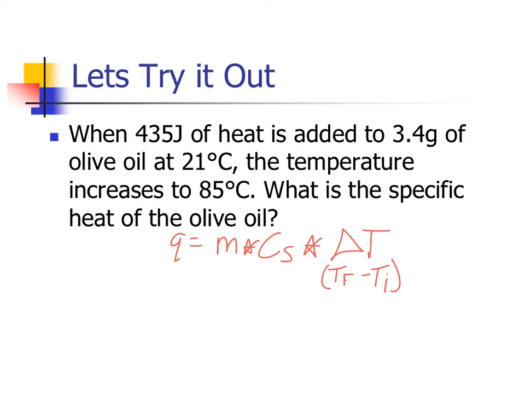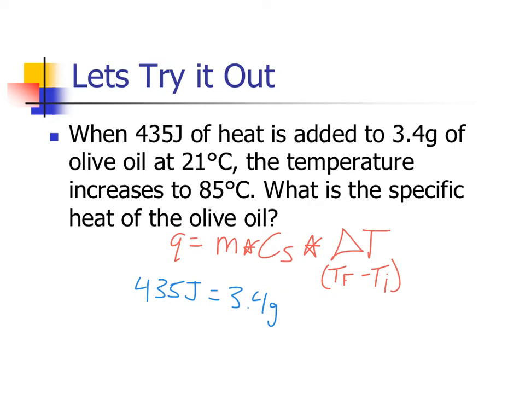Here I can look at it and go, okay, my Q is 435 joules, and that's equal to 3.4 grams of olive oil. And if you remember from your Popeye cartoons, she is pretty skinny, so 3.4 grams might not be too far off. Pause for comedic effect.